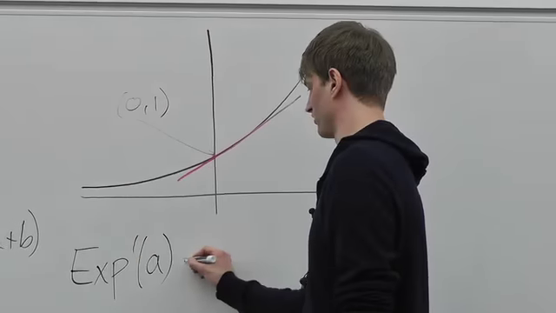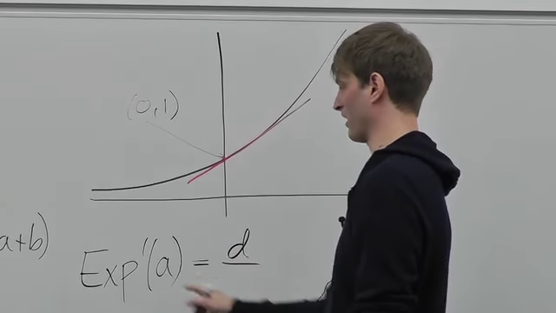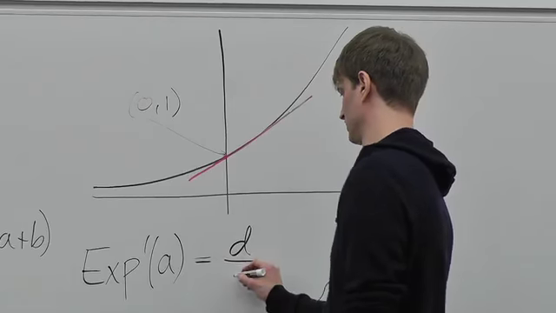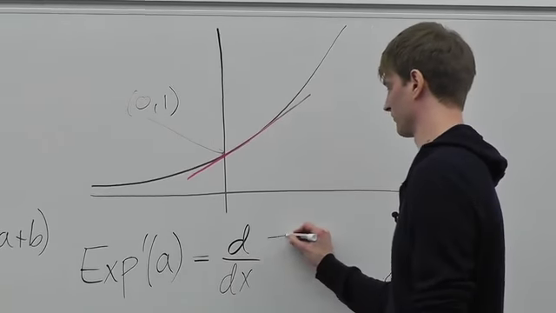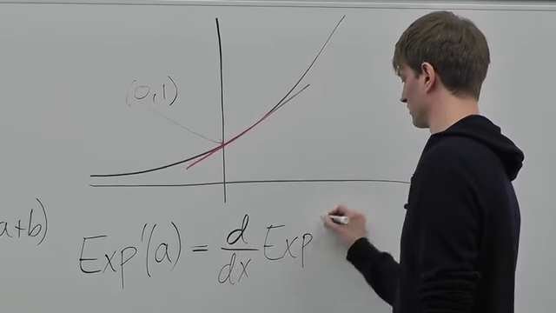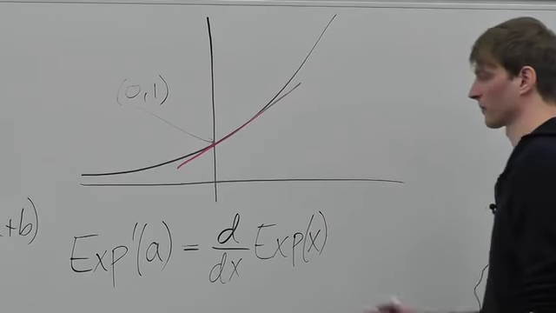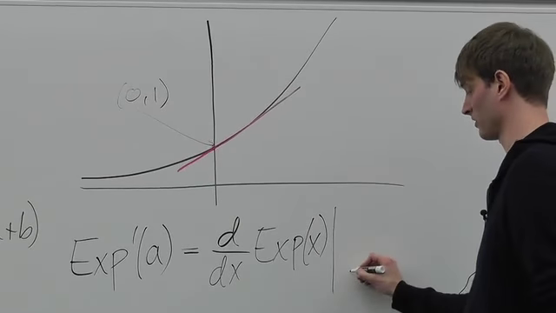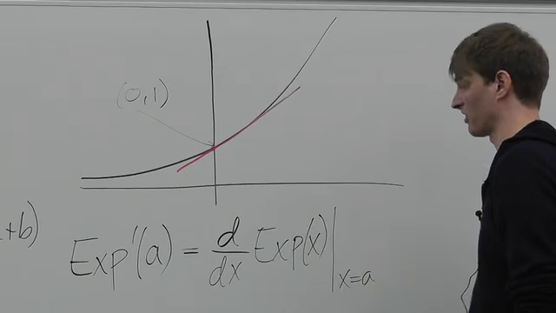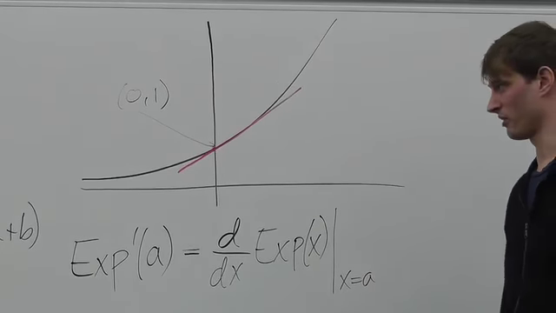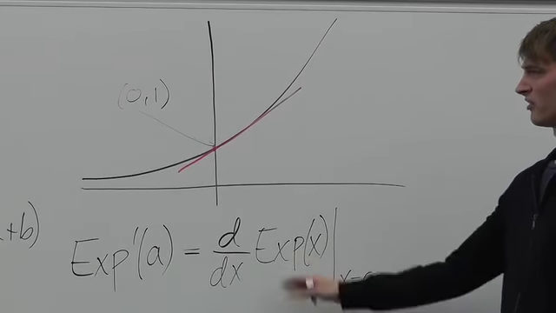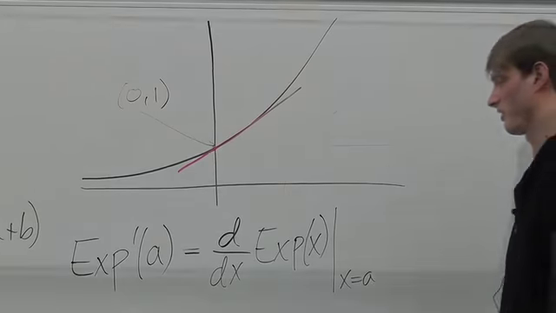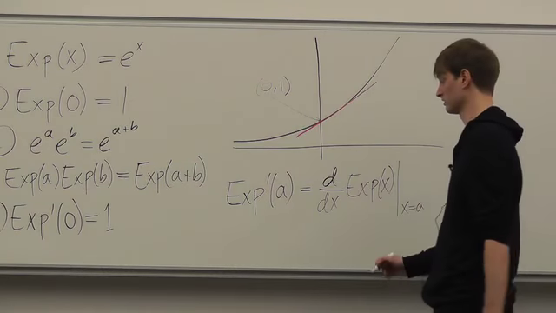So another way to write this, sort of expand this dash, what I mean is I take the function d by dx of exponent of x, get a new function, and then I evaluate the whole thing at x equals a. That's what that means. So now I can use property 2 to rewrite exponent of x in kind of a cool way.